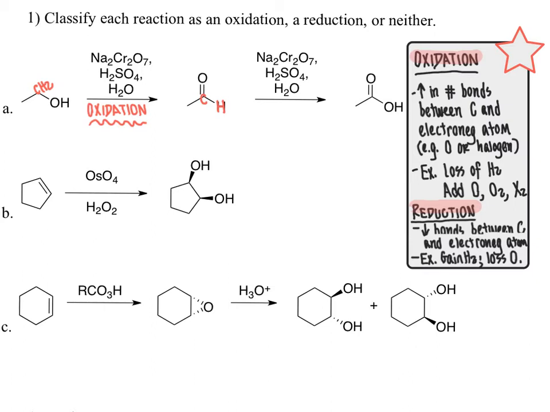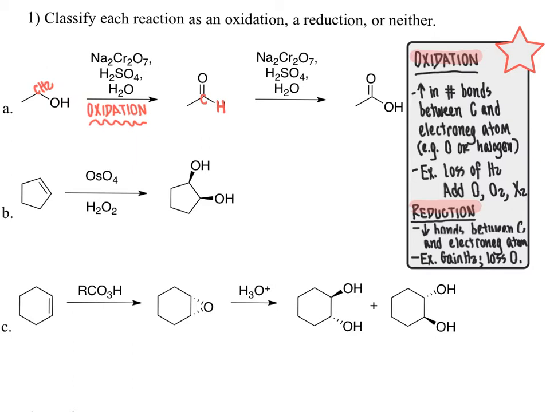Then we come to the next reaction. What we notice here as well is that we're going from a structure that has fewer covalent bonds between carbon and oxygen. Here there's a total of 2 covalent bonds between carbon and oxygen, and over here there's a grand total of 3 covalent bonds: our double bond to oxygen and single bond to oxygen. We are also decreasing the number of bonds between carbon and hydrogen, because the carbon-hydrogen bond in the reactant is gone; that carbon in our product has no carbon-hydrogen bonds whatsoever.